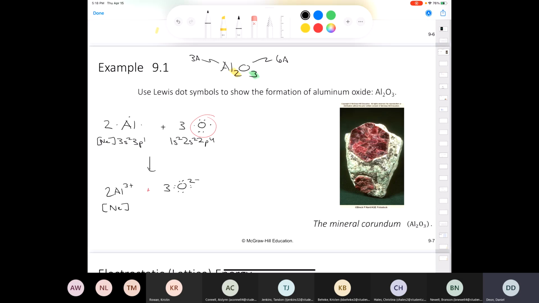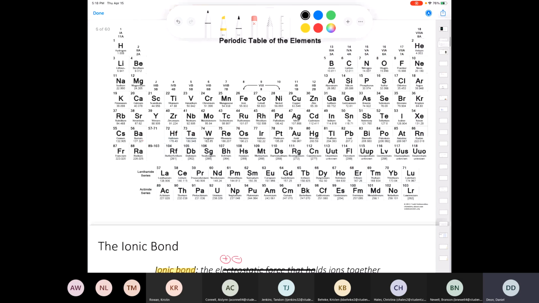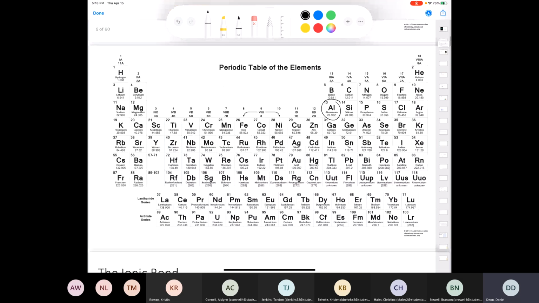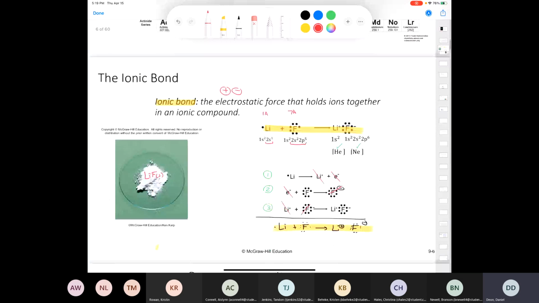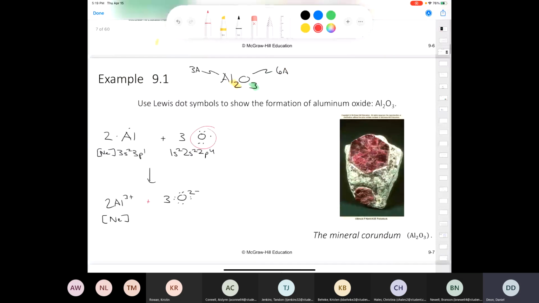If you look at your periodic table, we see aluminum, we go back 1, 2, 3, right? 13 subtract 3 gives you 10, isoelectronic with neon, so that looks good. And our oxygen gains 1, 2 electrons to become isoelectronic with neon, and that's why it forms oxide, or O2-. So there we go. Both of these are isoelectronic with neon.